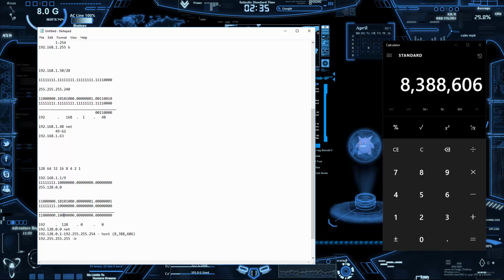Do what I told you before, and you'll get 255 for the broadcast. For the entire host range, it's 192.128.0.1 for the start. For the end of it, the usable host is 192.255.255.254.